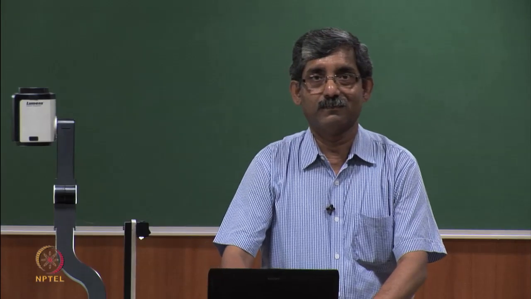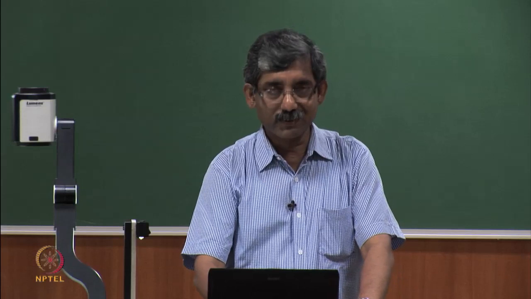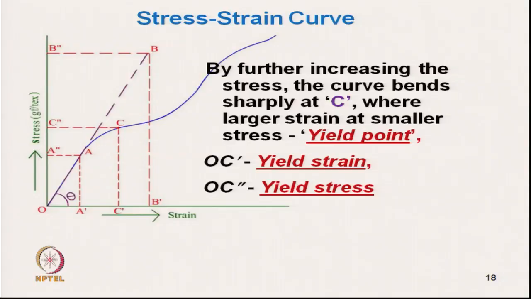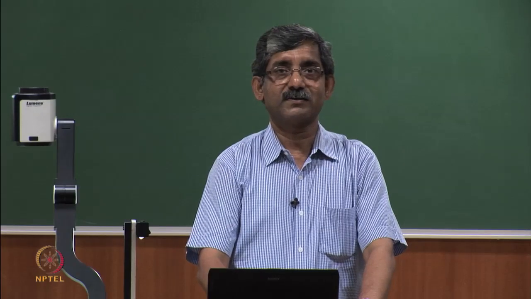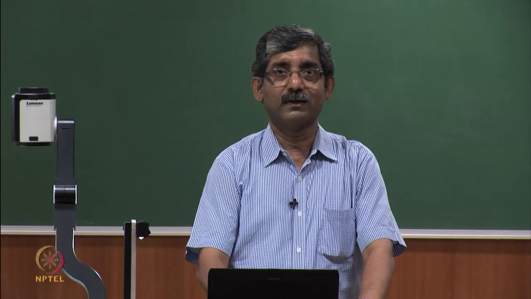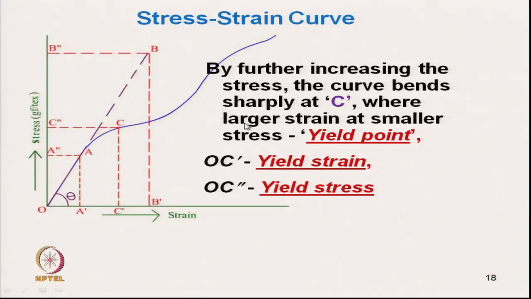Hello everyone, we are discussing the nature of the stress strain curve for different materials. In the stress strain curve, we can get various parameters like initial modulus, yield stress, yield strain.